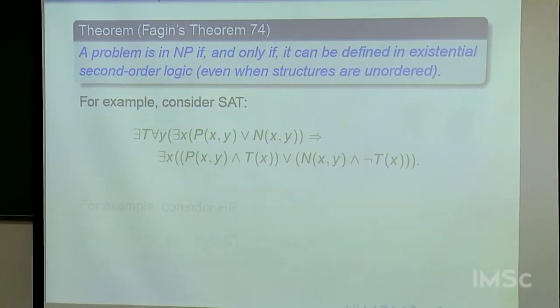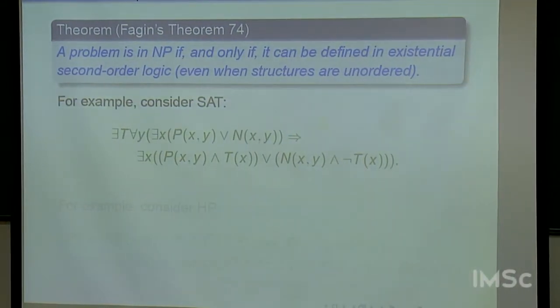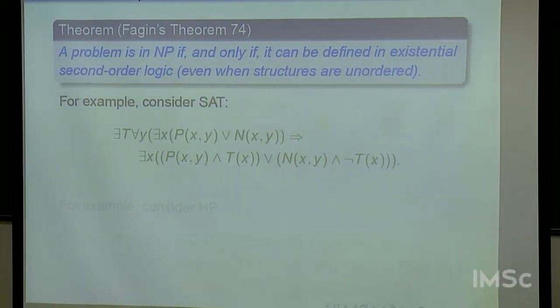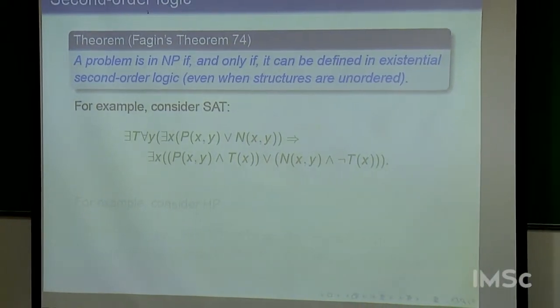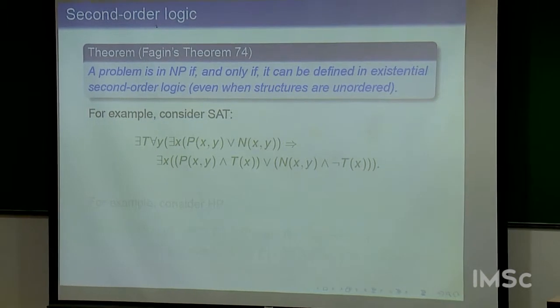So that's how we use existential second-order logic to define the satisfiability problem, where I've defined satisfiability over the signature P and N on the previous slide.